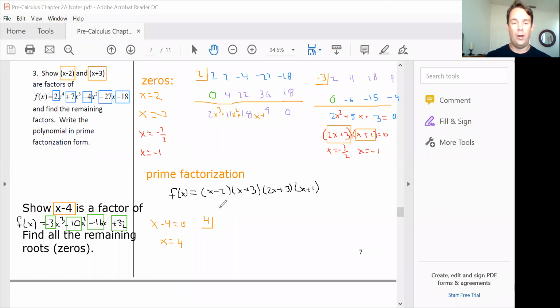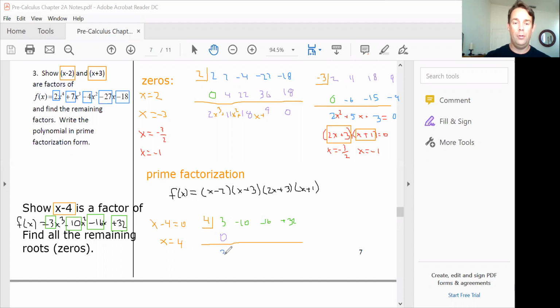So that's what I'm going to write out here: 3, negative 10, negative 16, positive 32. Need a placeholder. Let's use 0 the hero.